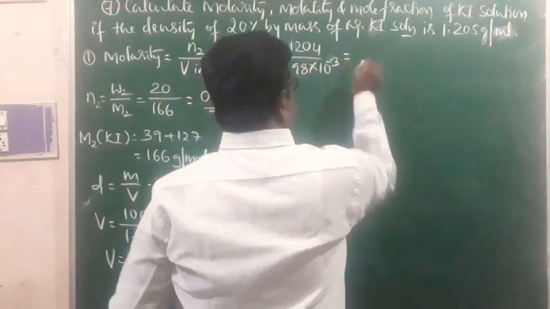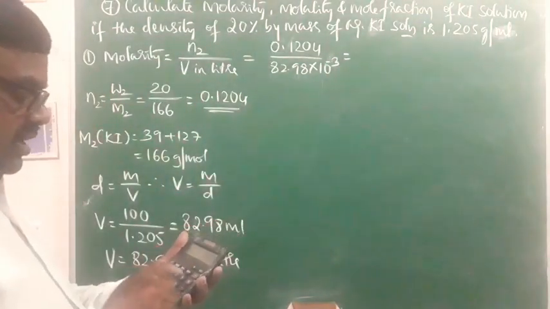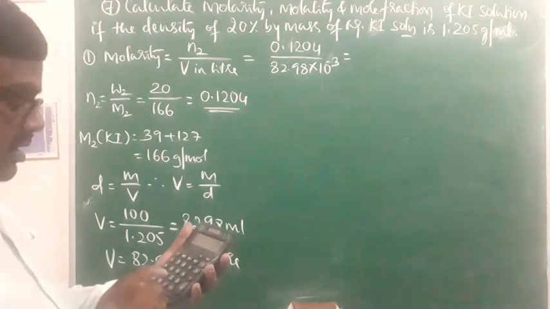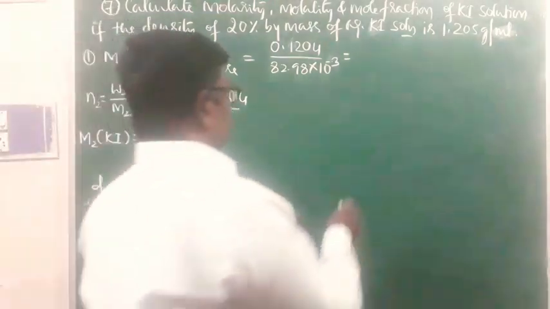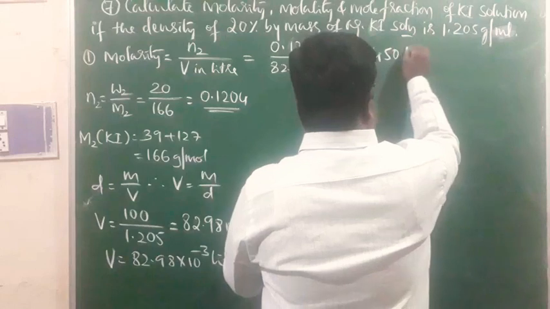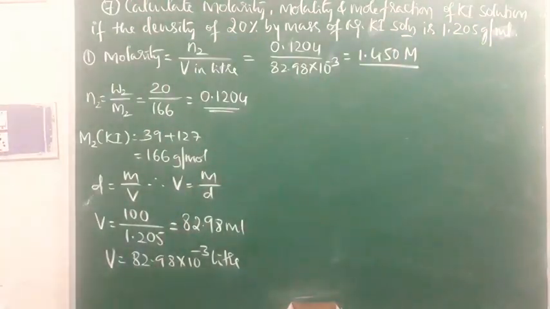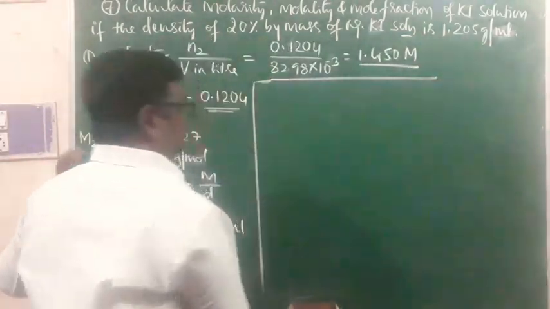See how much it comes to now. That is 0.1204 into 1000 divided by 82.98, which comes out to be 1.450 molar. This is the molarity. You have calculated the molarity.